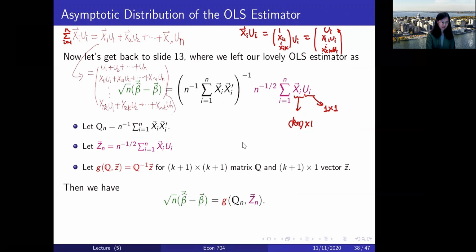Right, so this is in fact this vector. Just to give you an idea of what this is.